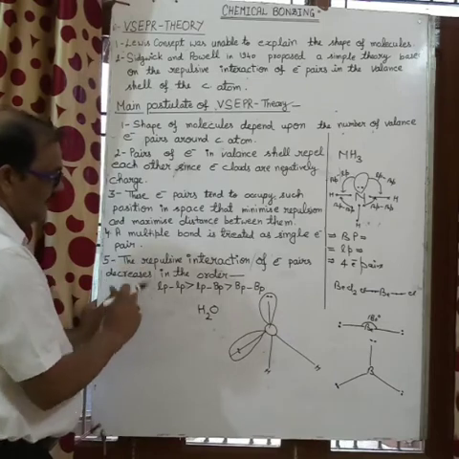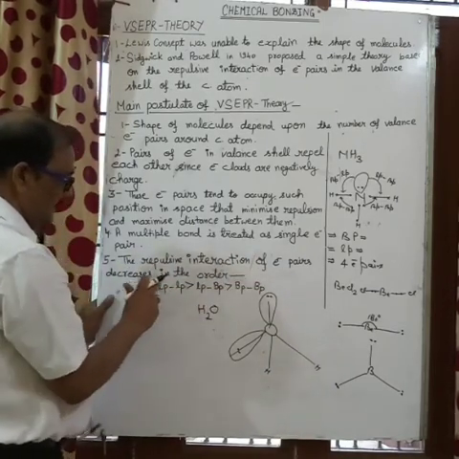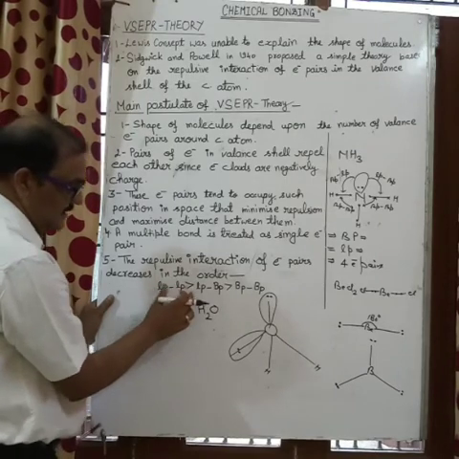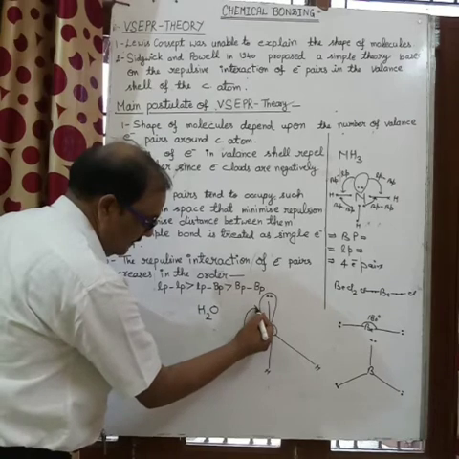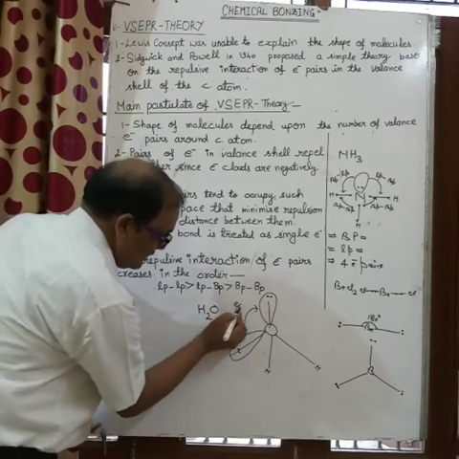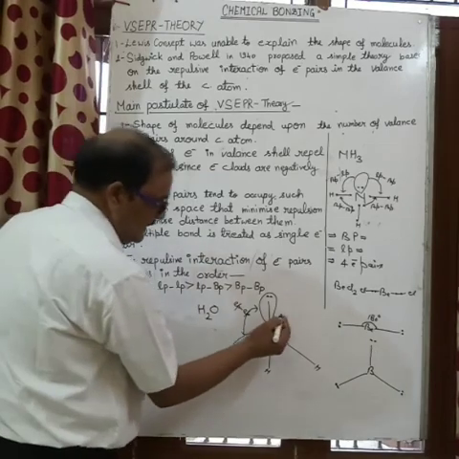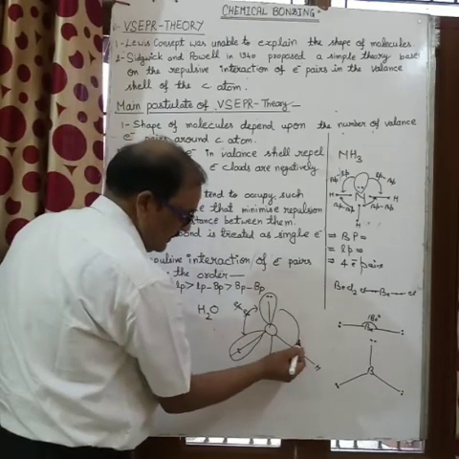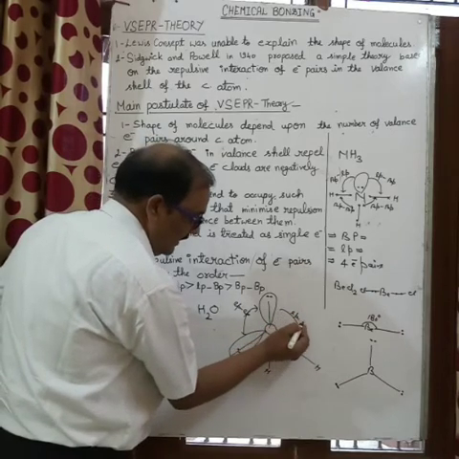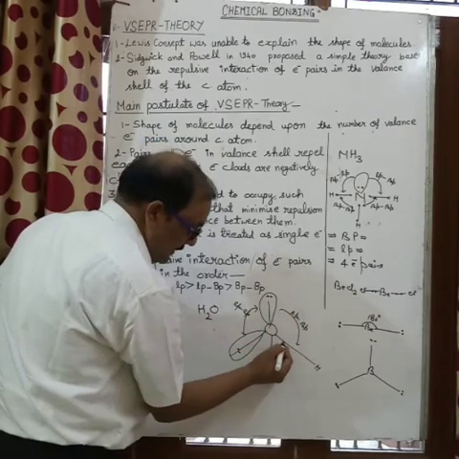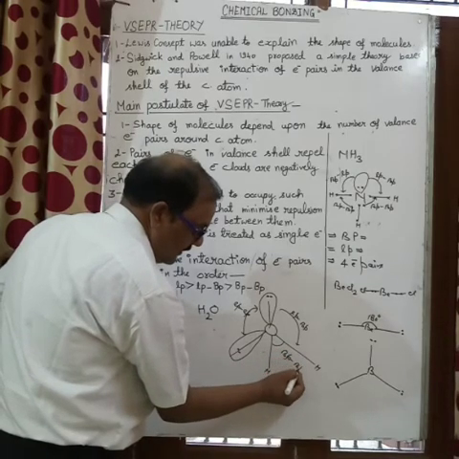According to the last point, the repulsive interaction of electron pairs decreases in order: there is maximum repulsion between the lone pairs, then the repulsion between lone pair and bond pair, and the minimum repulsion between bond pair and bond pair.